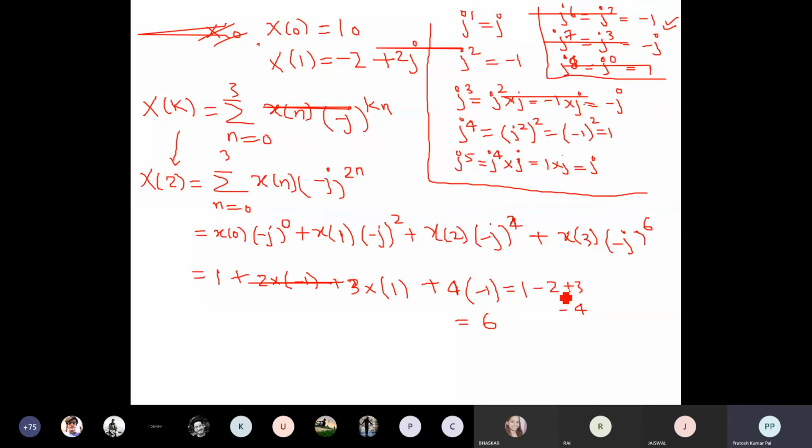So it will be minus 4, and the overall value will be minus 2. So x of 2 is minus 2.